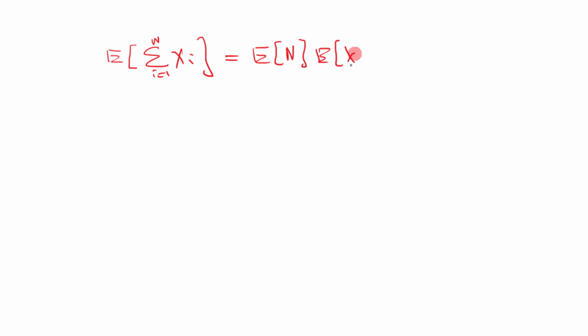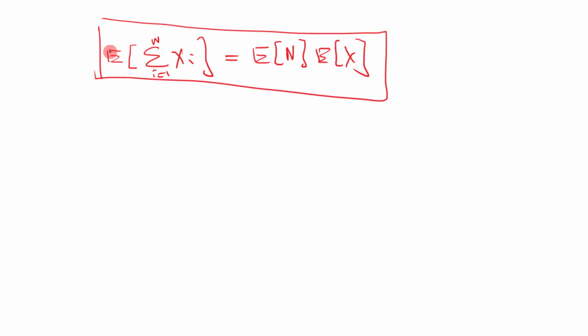So our result is: expectation of sum of random number of random variables xi is equal to expected value of n times expected value of x. This is another property of expectation.